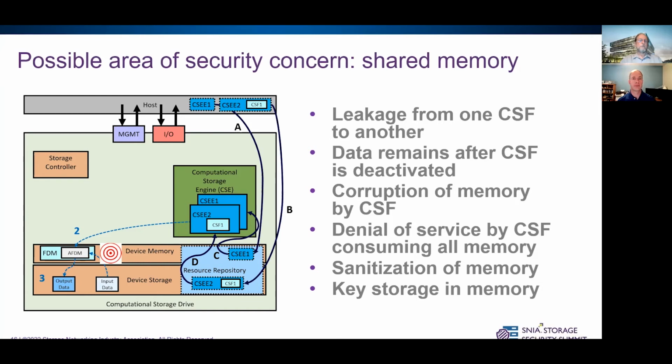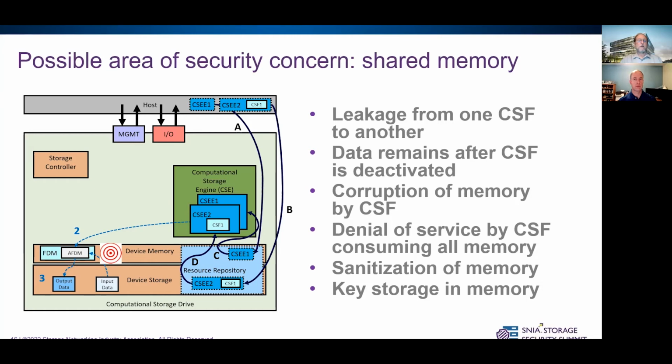One is that you don't allocate the function data memory in such a way that someone who is not supposed to have access to a given key does have access. And how are those keys managed? How are they put into device memory? How are they allocated or associated with a specific computational storage function? So all of those issues.